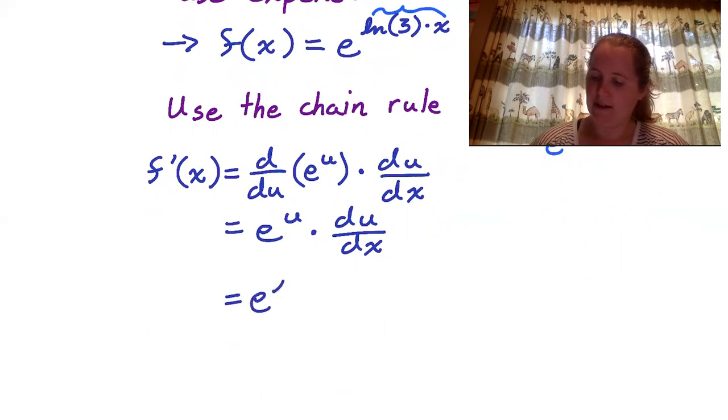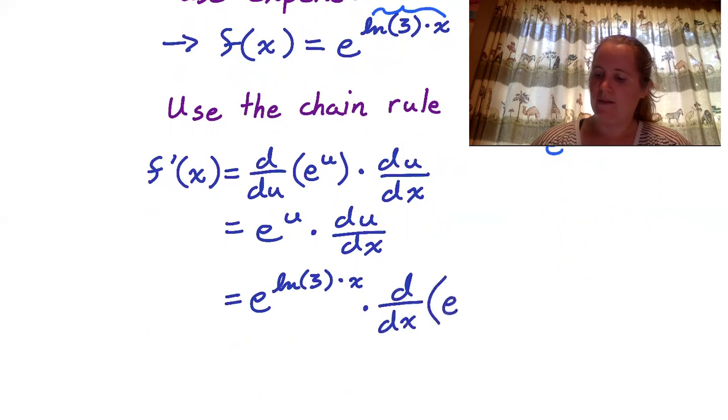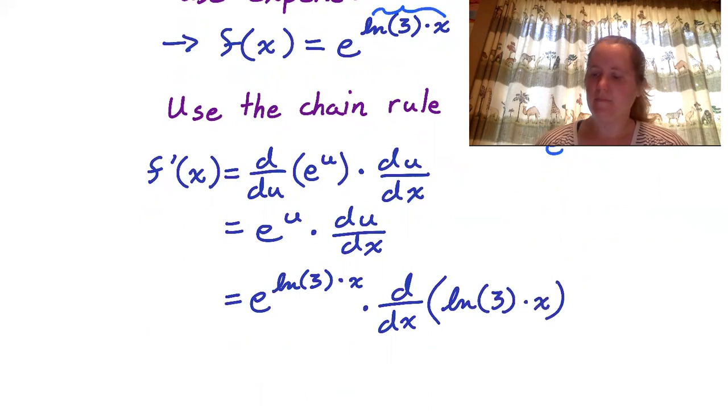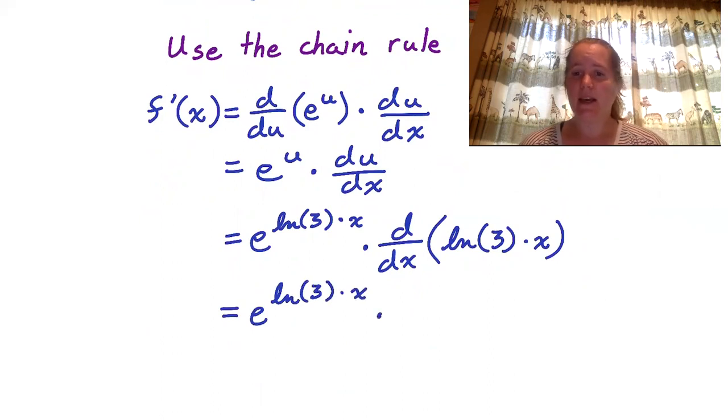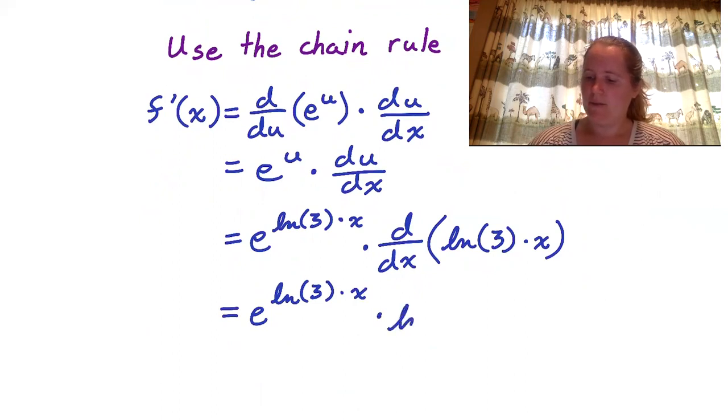So we have e to the natural log of 3 times x, and then we are multiplying this by the derivative of the natural log of 3 times x. I'm going to just leave this as e to the natural log of 3 times x. And then the derivative of natural log of 3 times x, we wind up just with natural log of 3.